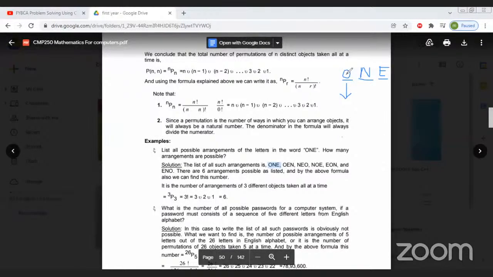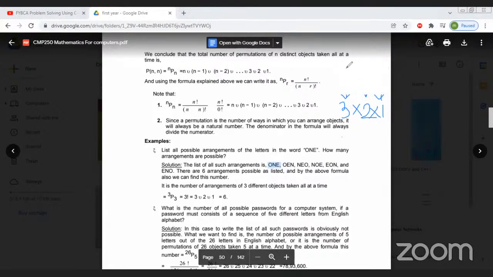One time O will be there, one time N will be there, and sometime E will be there. So there are 3 places, correct? If I'm using O over here, will I be using O over here? No. So you have to subtract from here. So it is 1, and the last one will be 1. This is how you can find the answer.